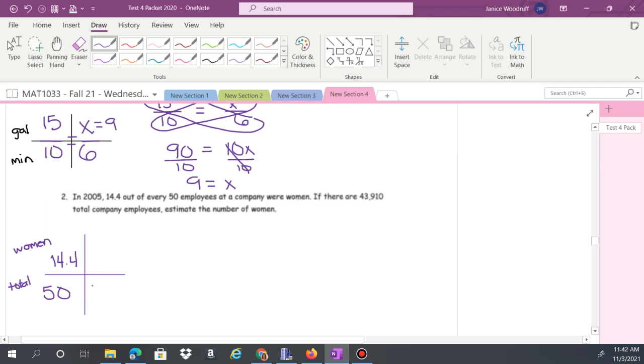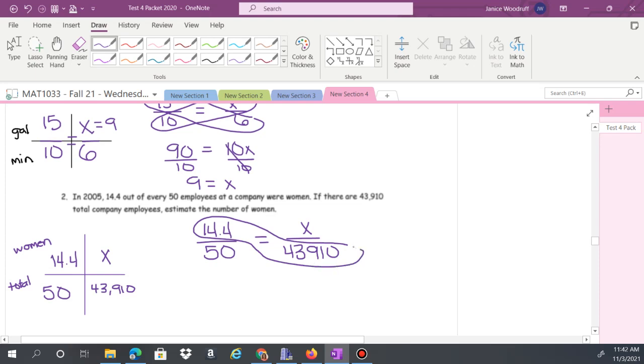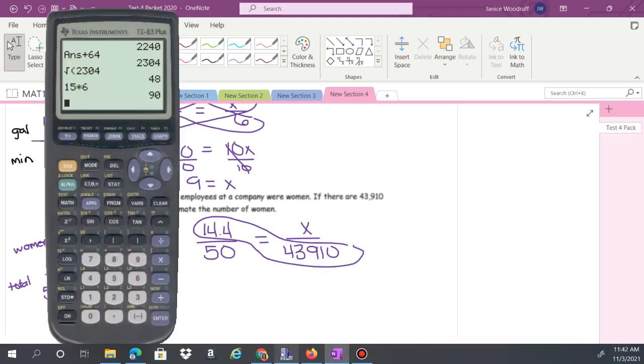So we're given the total again, so that would be down here, the bottom, 43,910, and then your x would be at the top. So then you have fraction, 14.4 over 50 equals x over 43,910. Cross multiply. 14.4 times 43,910 gives us 632,304.